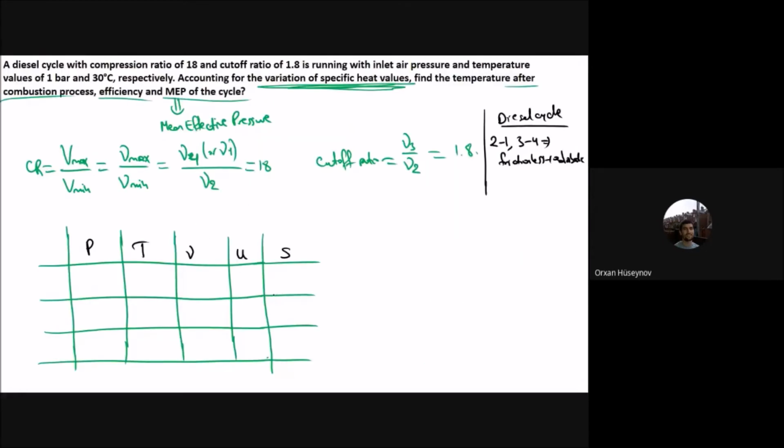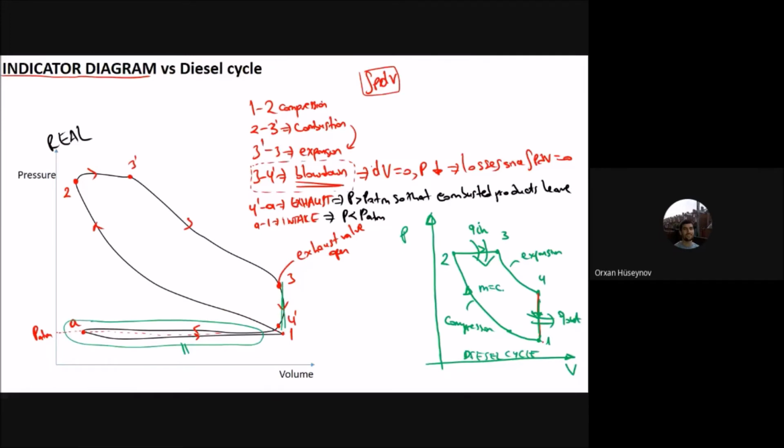Now let's write the given values. For the pressure, we have states 1, 2, 3, and 4. These are the states that we have for this cycle. For the first part, where you have the start of the compression stroke, the values are given.